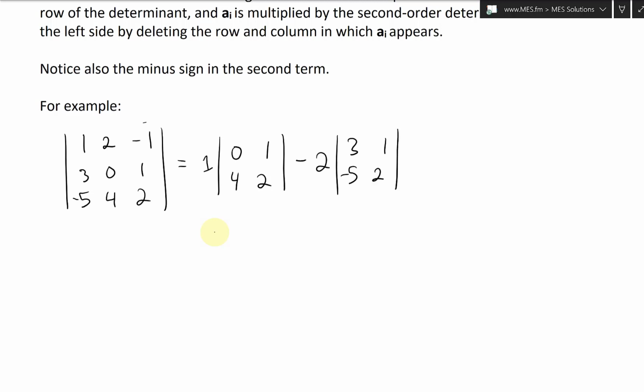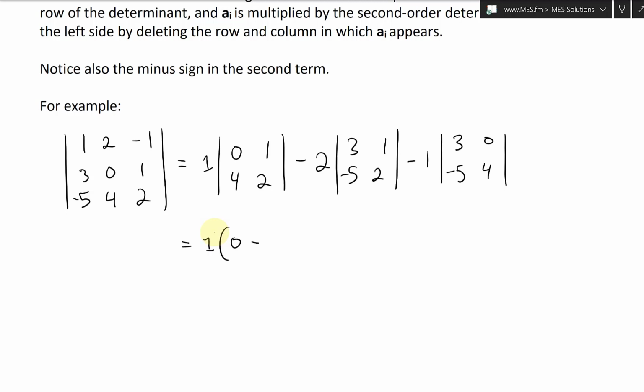And the next one's going to be this, eliminates this, we're left with this 3, 0, negative 5, 4. All right, so this is going to be minus 1, and then 3, 0, negative 5, and 4, like that.